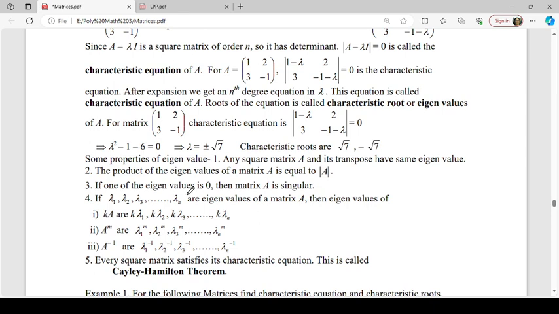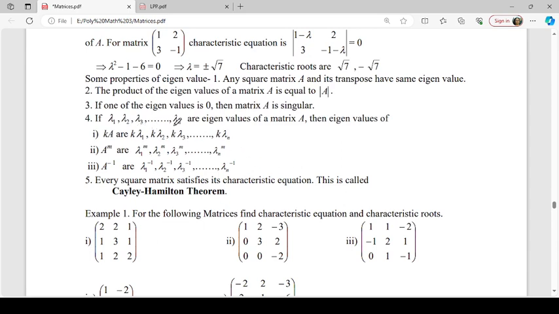If one of the eigenvalues is 0, then A is singular. Obviously, if it is 0, then the product will be 0. Then if these are the eigenvalues of a matrix, the eigenvalues of kA are obtained by multiplying every value with k.